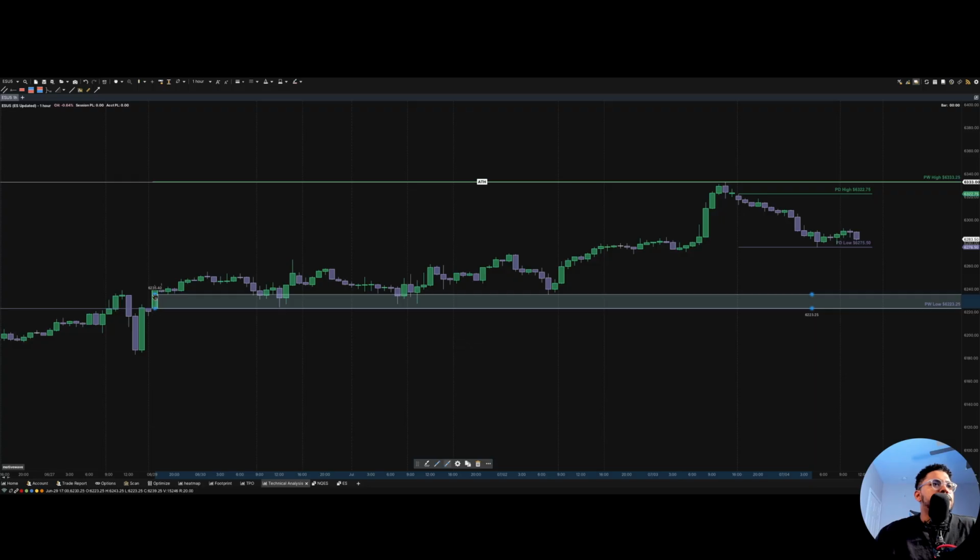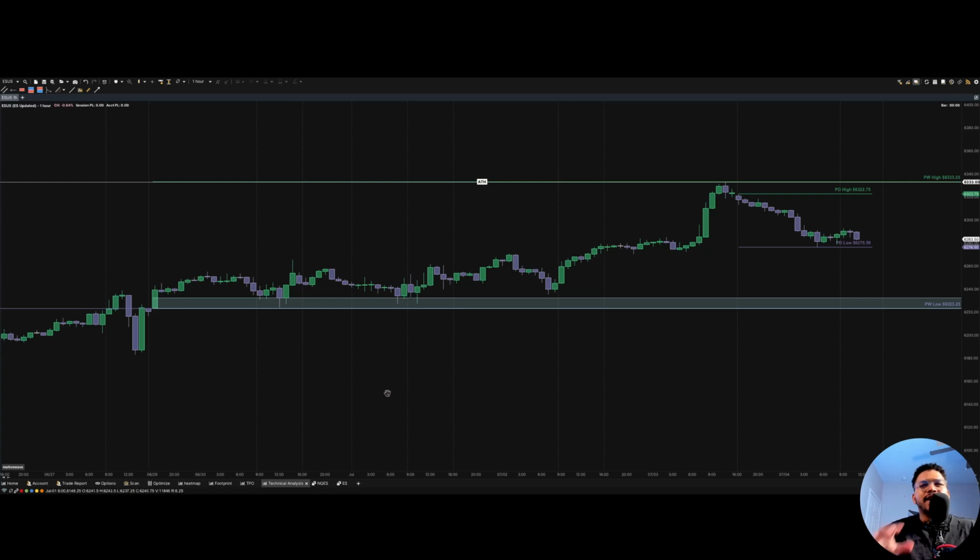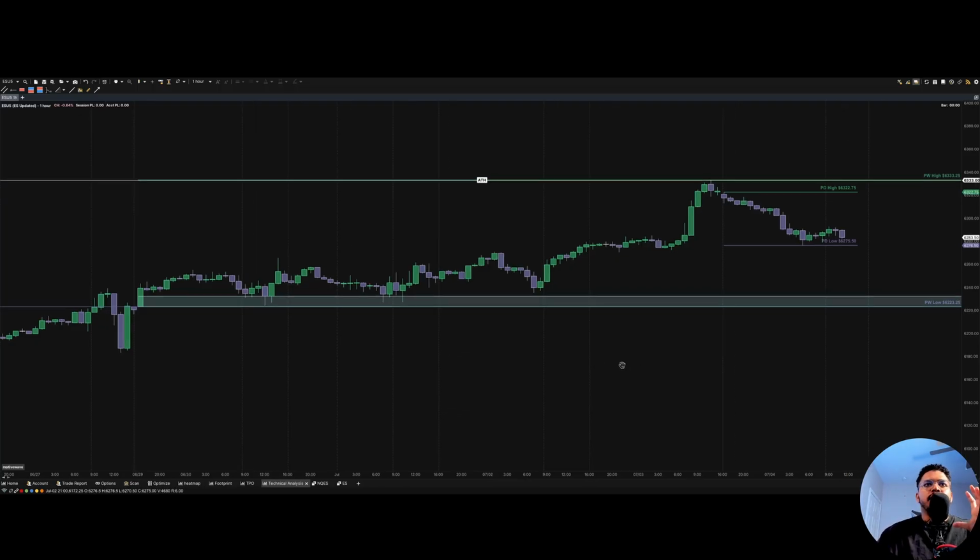I don't like having my zones too wide, where sometimes price decides to shop around that area. Boom, there you go. So that's one level that I'll be mindful of for next week, because this is a level that we may come and test and rebounce right up from there.